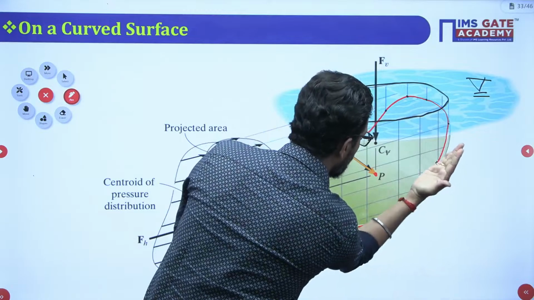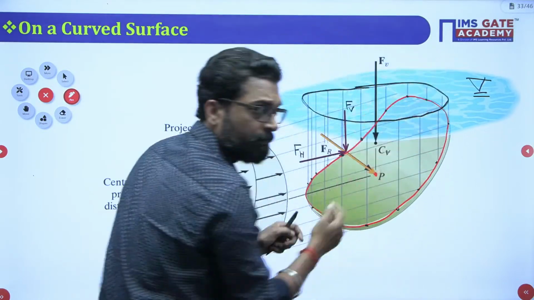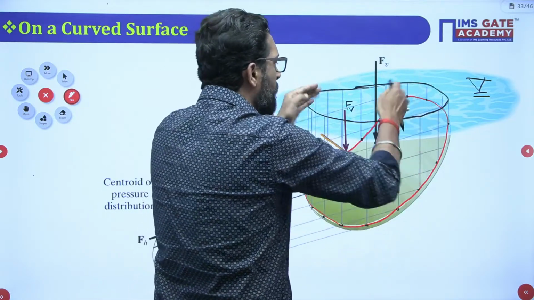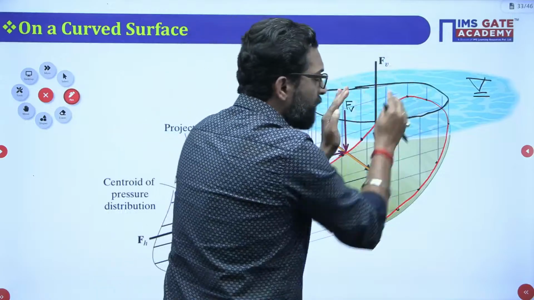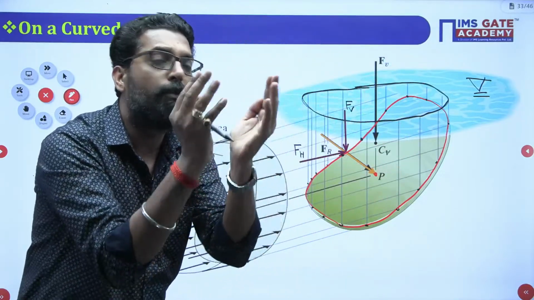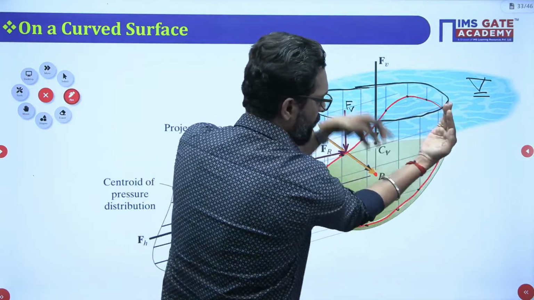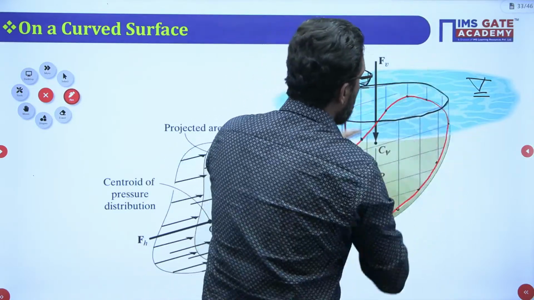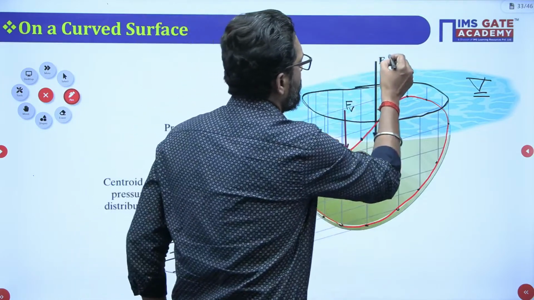That means if this surface is projected vertically up, there must be a region in which the imaginary fluid will be present. If the fluid is present, that means this surface holds some fluid, so the fluid present vertically up is your vertical force.